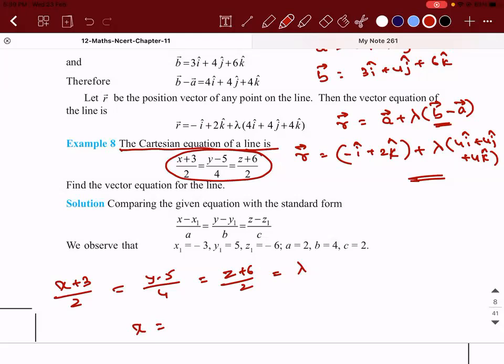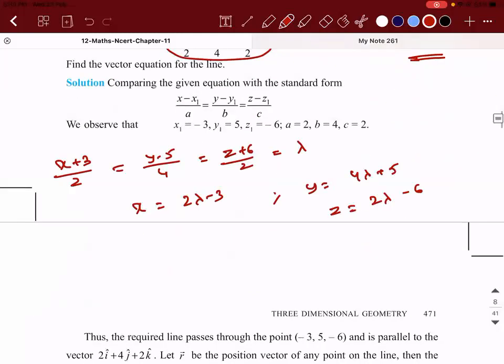Instead of 1 by lambda, I wrote it as lambda. So x will be 2 lambda minus 3. y will be 4 lambda plus 5. z will be 2 lambda minus 6, correct?